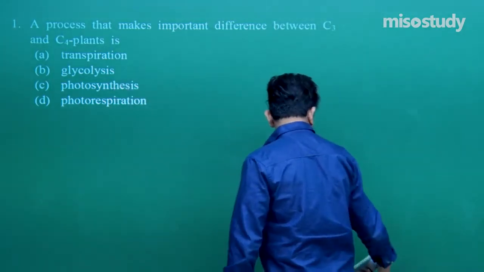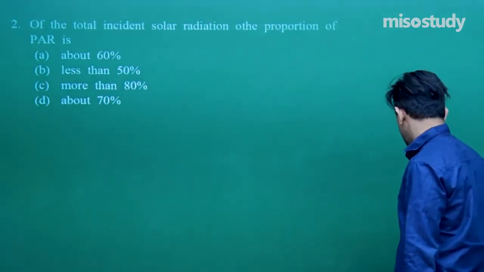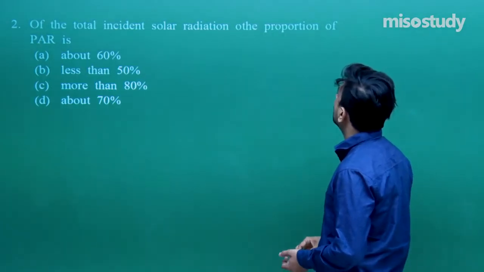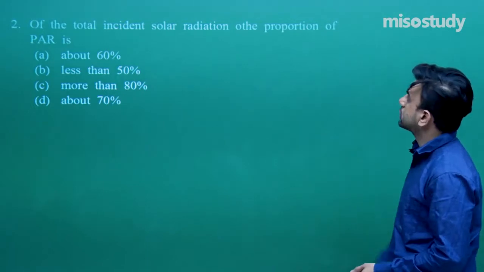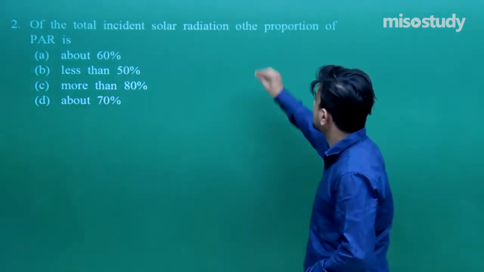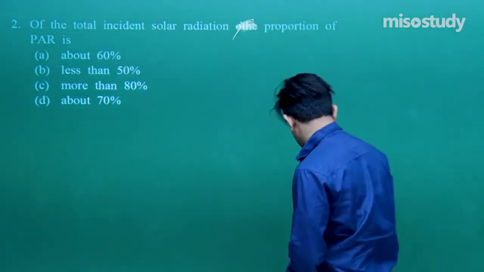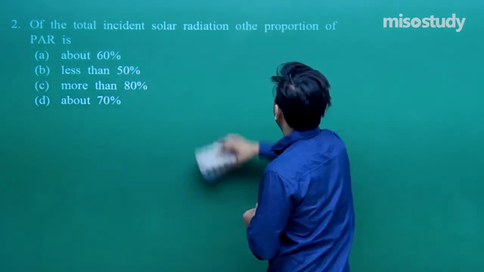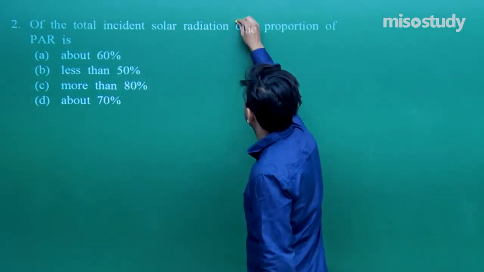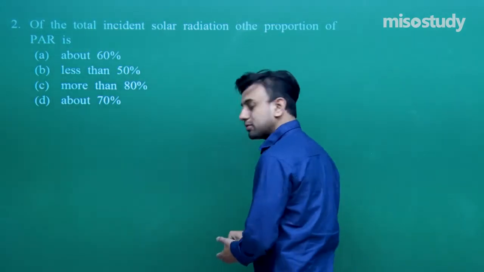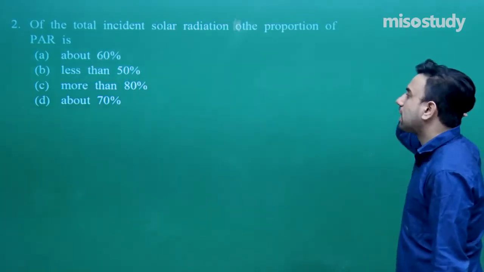Okay, we move on to the next question. Of the total incident solar radiation, the proportion of PAR is, now what is PAR?